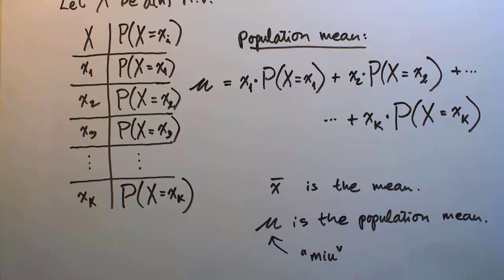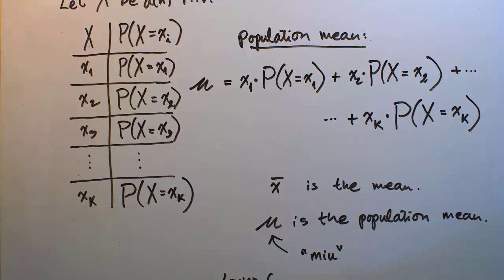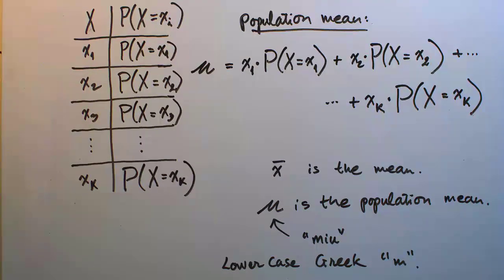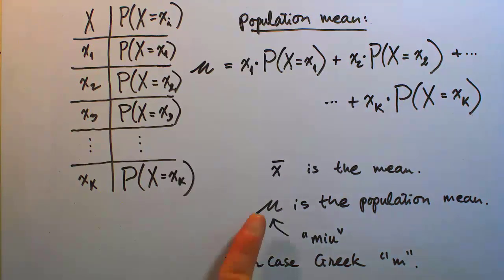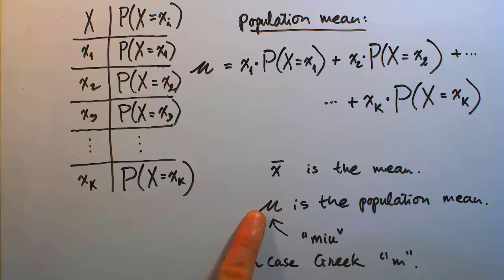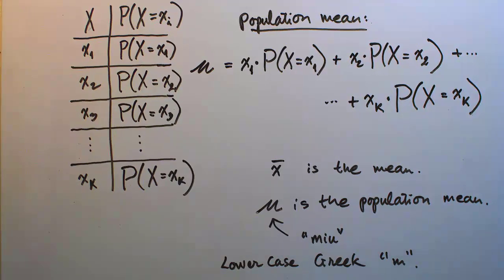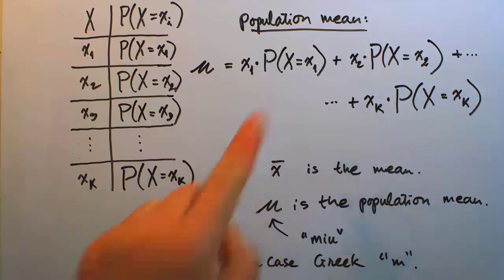The mu symbol is simply a lowercase Greek letter m, so it stands for mean. We use that lowercase Greek letter m, which we call mu, to represent the way we find population mean.